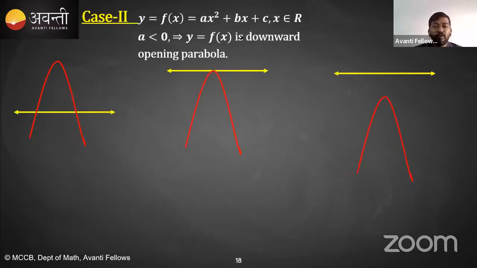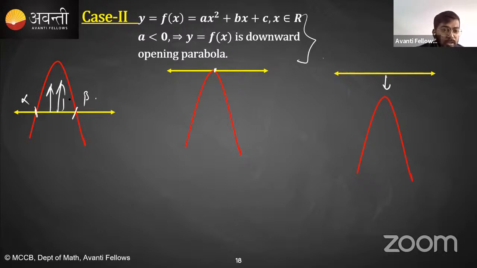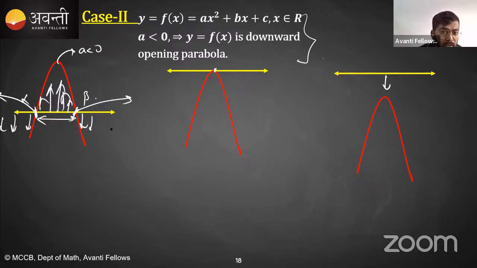Now case 2, the downward parabola. The analysis that we did for the upward parabola is similar to the analysis we are going to do here, right? This graph is a downward parabola, but it is above the x-axis when x lies between alpha and beta, and when x goes beyond alpha and beyond beta, the graph falls below the x-axis.